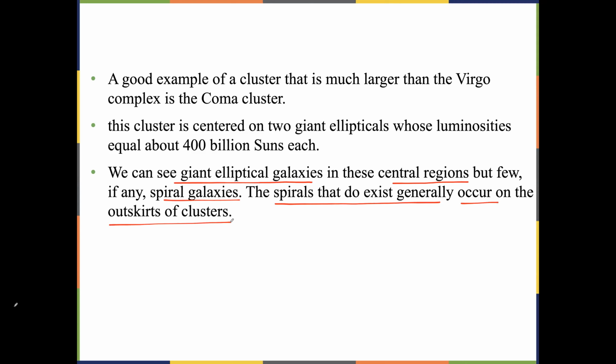Now, this is very interesting that when you take an image of a galaxy cluster, what you can observe is that most of the spiral galaxies are around the central region of the galaxy cluster. Sorry, I think I made a wrong statement here. Most of the elliptical galaxies are around the central region of the galaxy cluster, while most of the spiral galaxies are in the outer region or the outskirts.